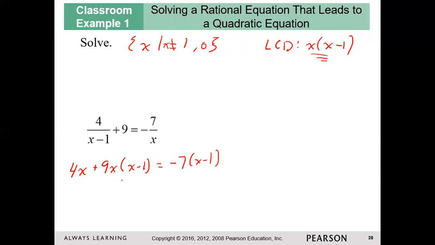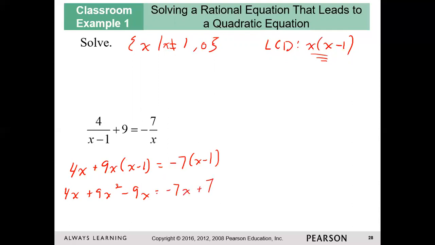So all of this happened by multiplying by this LCD, and now we're going to go ahead and get rid of our parentheses, and hopefully we'll be able to figure out what to do from there. So we've got 4x plus 9x squared minus 9x is equal to -7x plus 7.